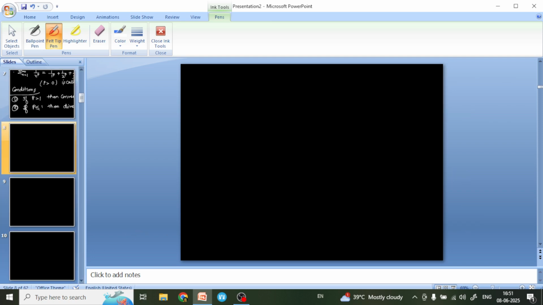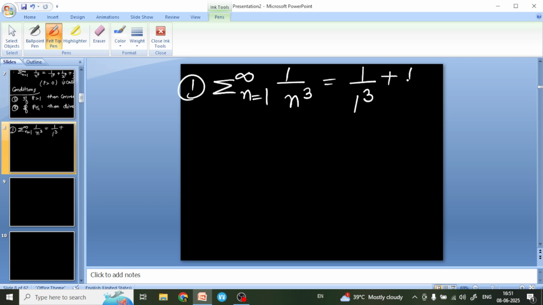Now next, I am giving you an example for convergence and divergence. For example, we have given sigma n equal to 1 to infinity, 1 by n raised to power 3, that is 1 by 1 raised to power 3 plus 1 by 2 raised to power 3 plus 1 by 3 raised to power 3.